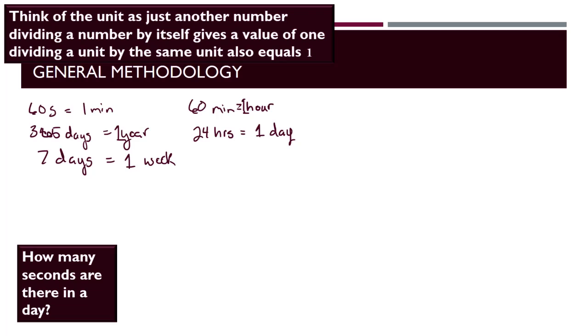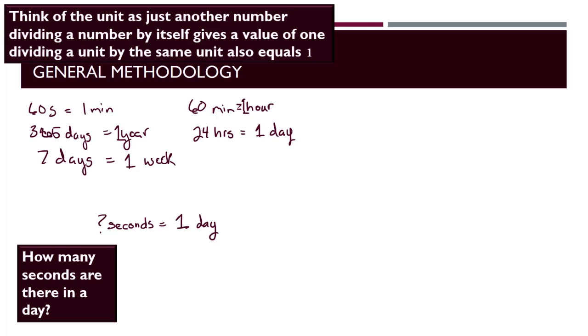So the question is, can I use some of these equalities to help me get away from days and towards seconds? The question that we're asking is, how many seconds are equal to 1 day? So we're trying to get from the unit days to the unit seconds.